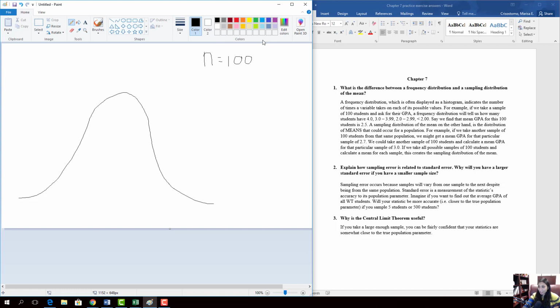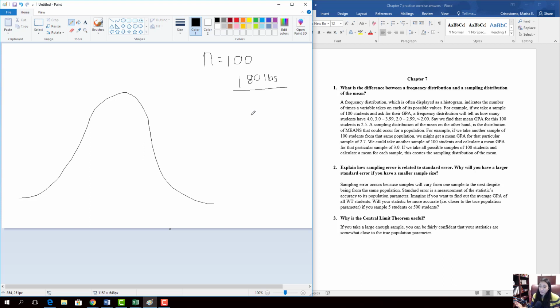I'll calculate the mean for these 100 men, and I find that the average weight for these 100 men is 180 pounds. Now, how do I know that my sample and my statistic is representative of the true population parameter?